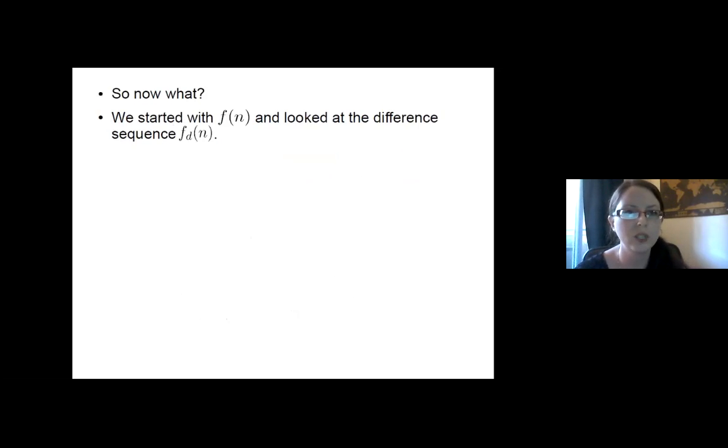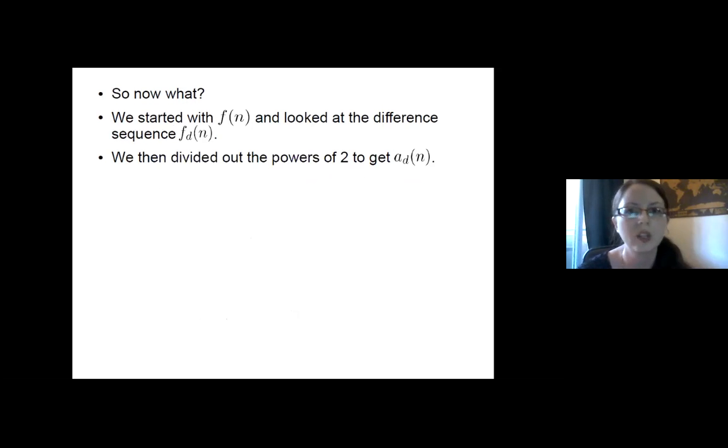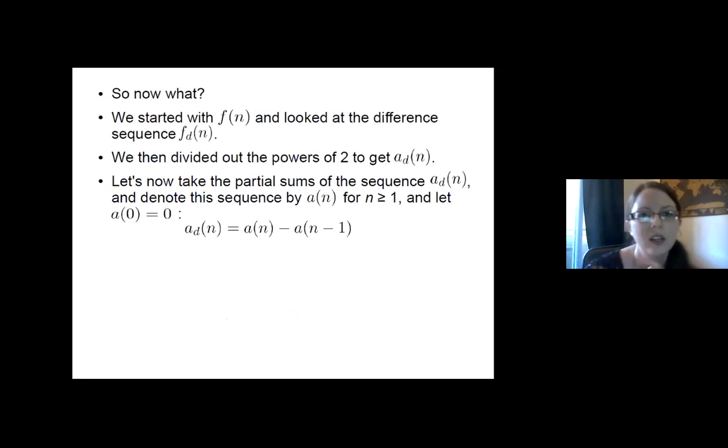So just to recap, we started with the sequence F of n that told us which generation our particular integer occurs in. We looked at the difference sequence that we called F sub d. We divided out powers of 2 to get A sub d. And now the idea is, let's look at taking partial sums. We're kind of going back in the direction we came.